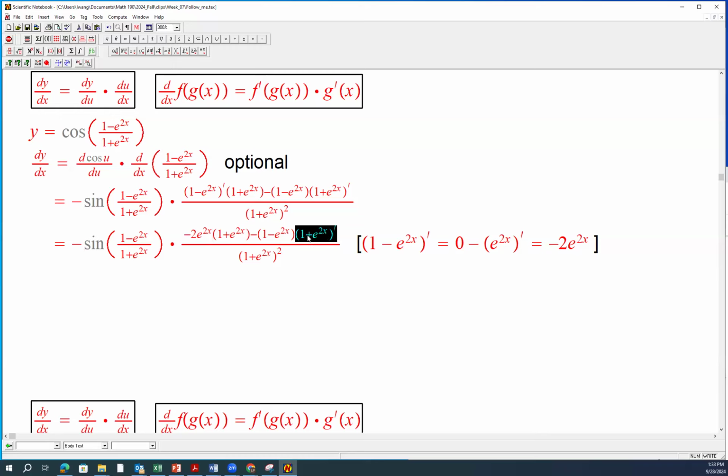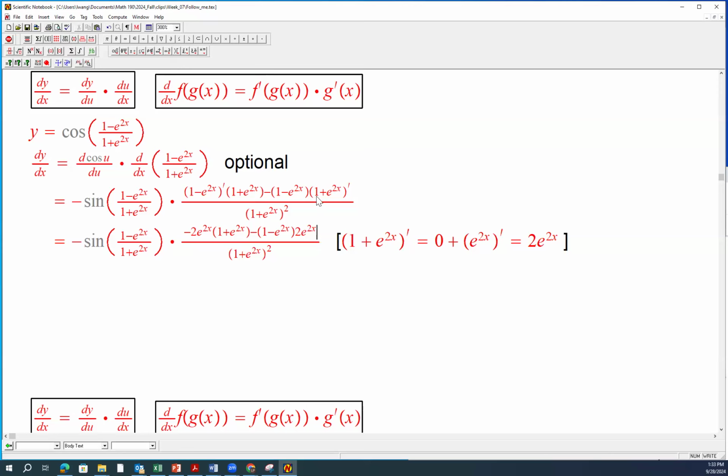And you do the same for 1 plus e to the power 2x. So this is turning into 1 plus. So this is a plus. The second one, when we differentiate that, we get this piece to replace the derivative of 1 plus e to the power 2x.